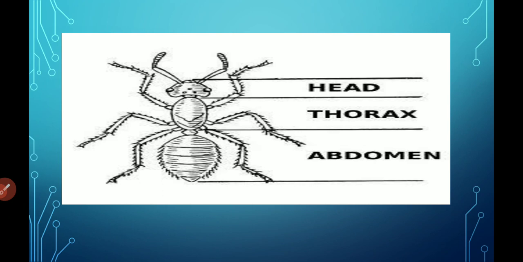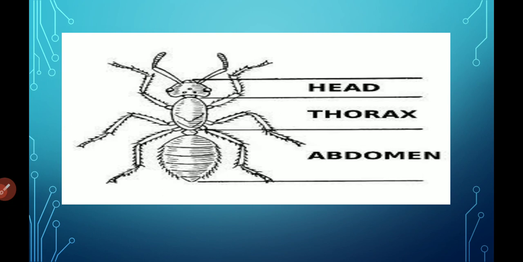Insects have 6 legs. How many legs? 6 legs, 2 pairs of wings and a pair of antennae. The body of the insect is divided into 3 main parts: head, thorax and abdomen. The wings and legs are located on the thorax.